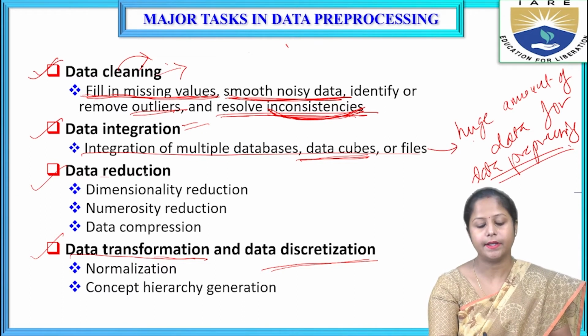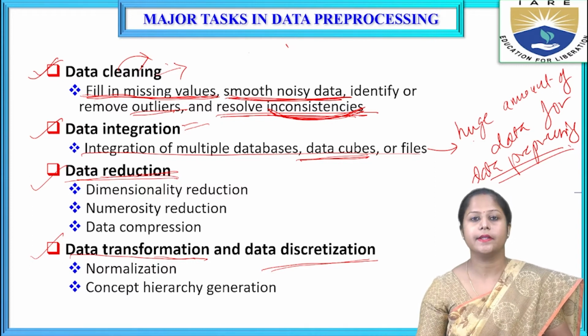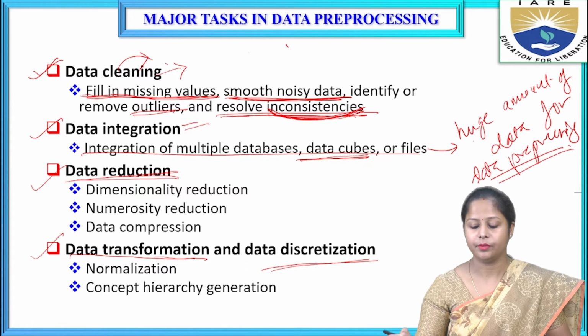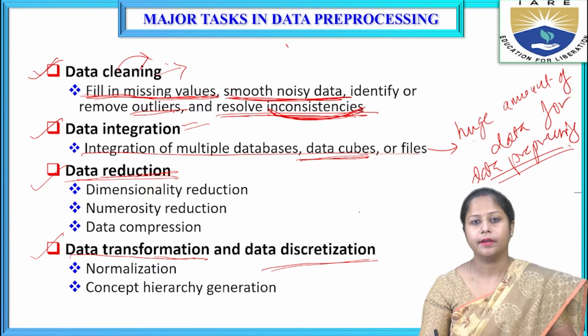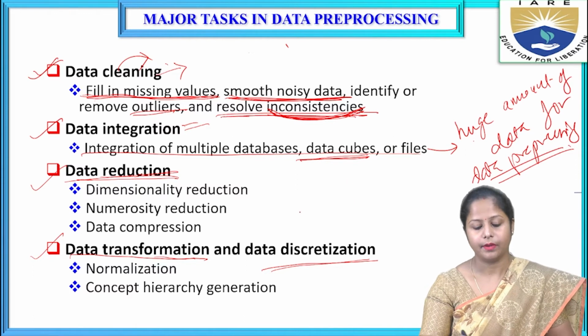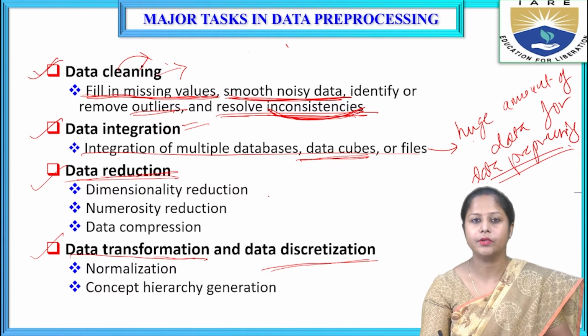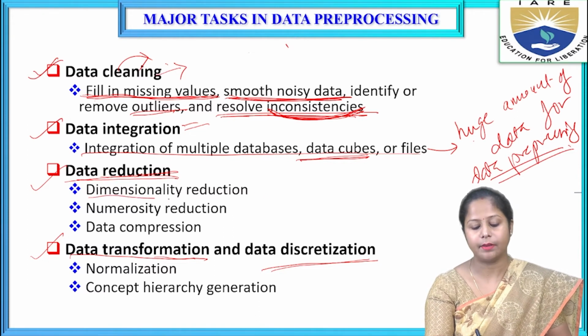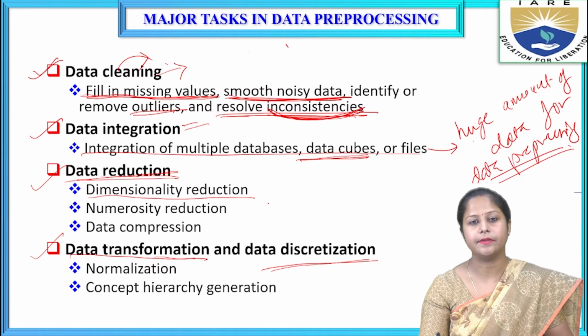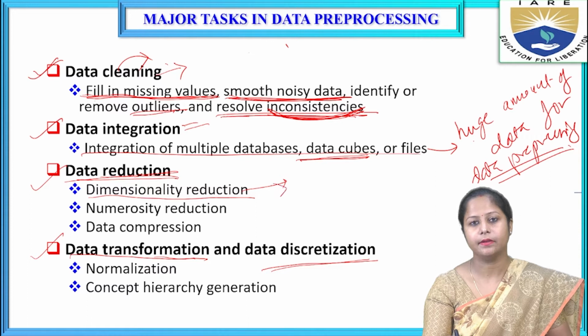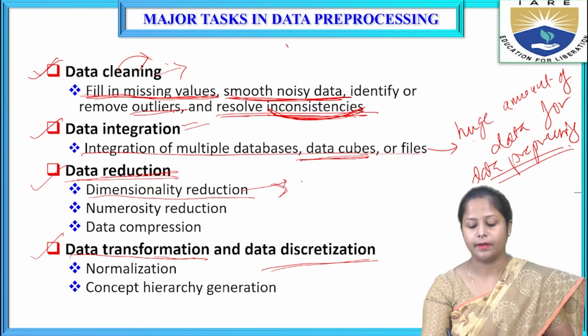Next comes data reduction. What is data reduction? Data reduction is nothing but reducing the data for our use. There are some methods to reduce that type of data. What are the methods? We have dimensionality reduction. Data has some dimensions, like 2D or 3D.